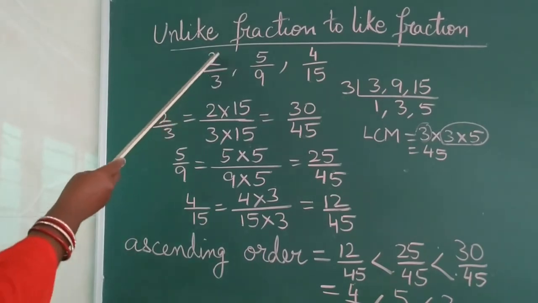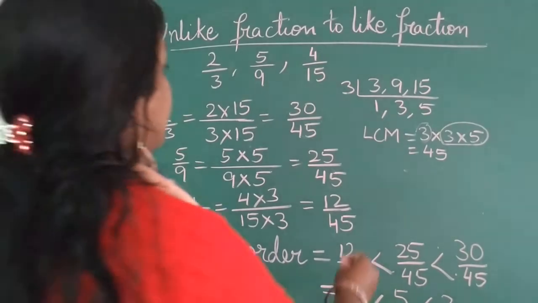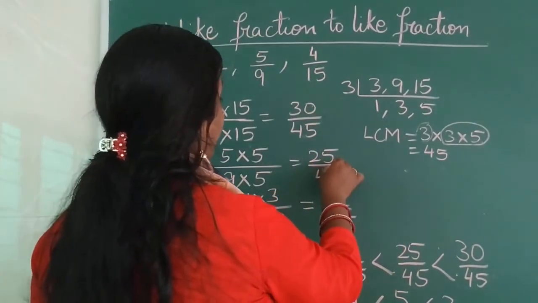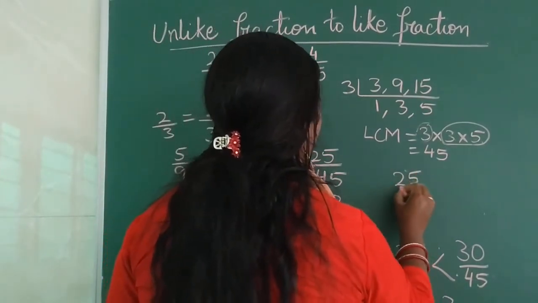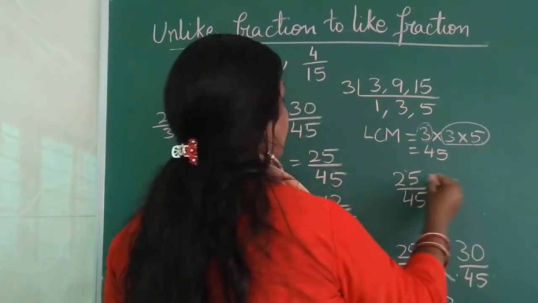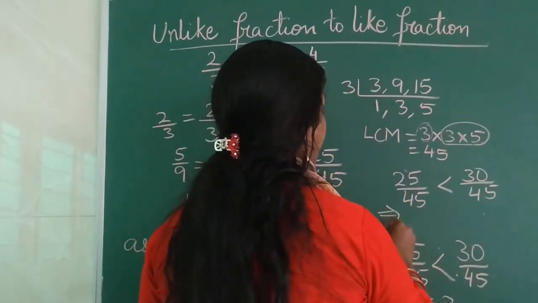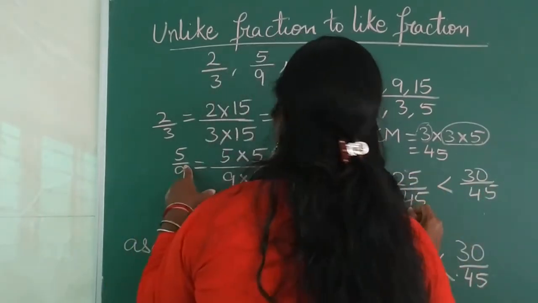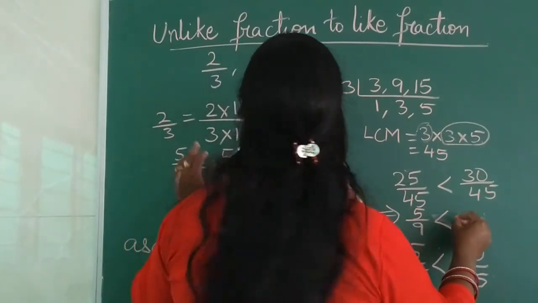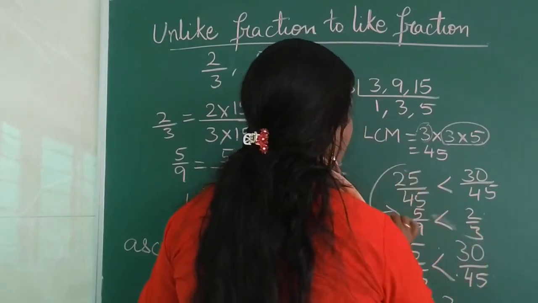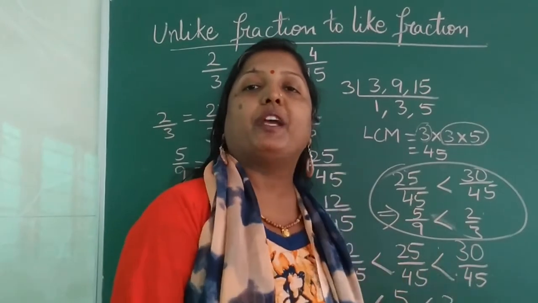So if you have to compare 2 by 3 and 5 by 9, because 25 is smaller than 30, you can simply write 25 by 45 is smaller than 30 by 45. That means 25 by 45 is 5 by 9, so 5 by 9 is less than 2 by 3. So we could even use it for comparing two fractions, which is big, which is small.